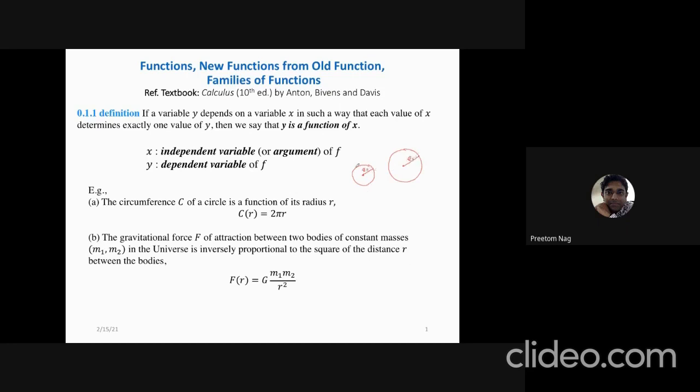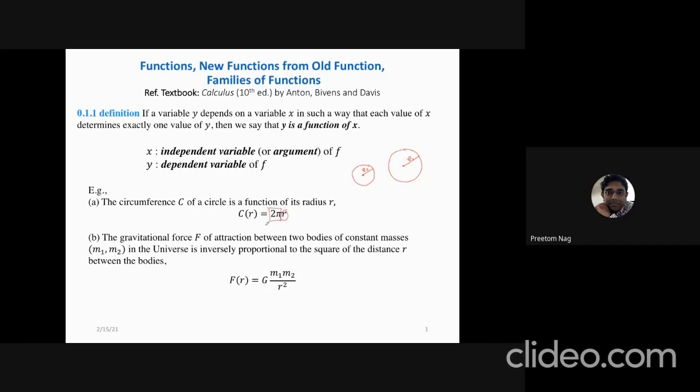So you'll be able to see the circumference of this circle is different from the circumference of this circle, and it depends on what? It depends on the radius of the circle, right? So that's why the value of the radius, okay, r0 or r1, the value of the radius is then the input, right, or the value of the independent variable r. Okay, and once you multiply it with 2 pi, 2 pi is a constant value, you'll get here 2 pi r, which is the circumference of a circle.